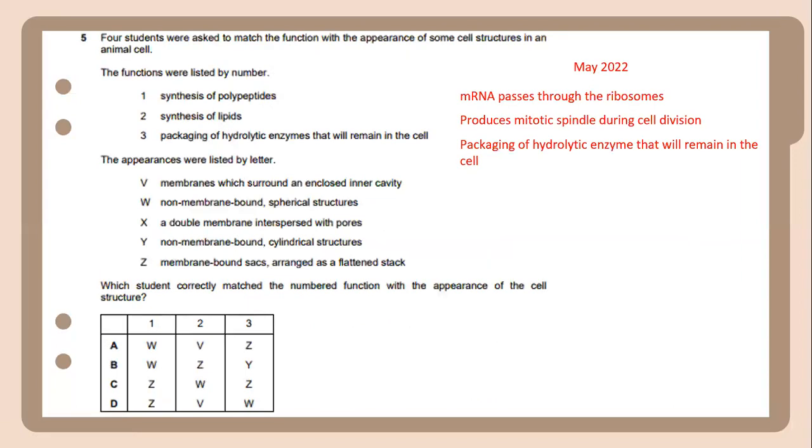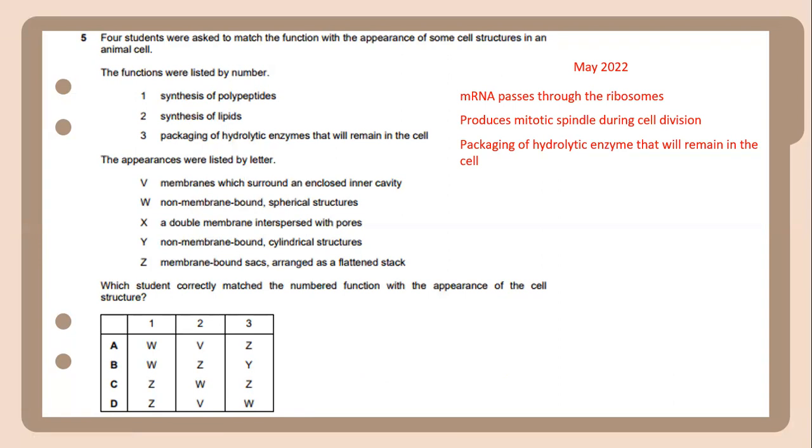Four students were asked to match the functions with the appearance of some cell structures in an animal cell. This will be a very common question and it already appeared in May 2022. But in May 2022, the question was to list the functions.